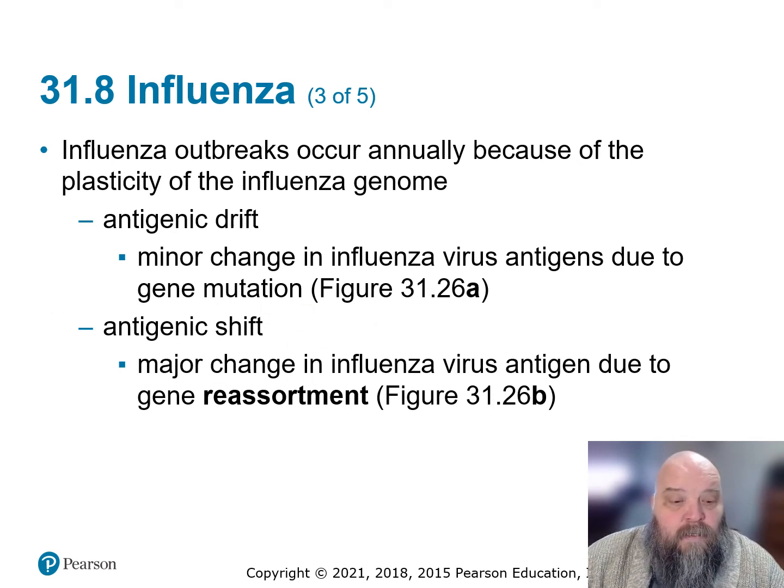Antigenic shift, well, this is a major change. Remember, secondary structure is alpha helix, beta sheet. Tertiary is what are the sequences of alpha helices and beta sheets? Well, antigenic shift says, instead of alpha helix, turn, beta sheet, what if alpha helix, we're going to switch up the turn a bit, alpha helix, switch up the turn, beta sheet.